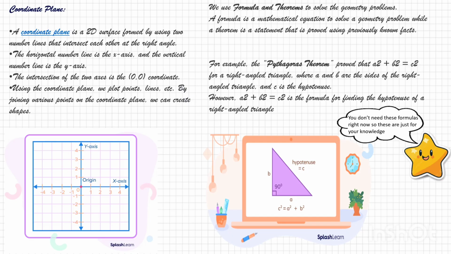For example, the Pythagoras theorem proved that a² + b² = c² for a right angle triangle, where a and b are the sides of the right angle triangle and c is the hypotenuse. However, a² + b² = c² is the formula for finding the hypotenuse of a right angle triangle.